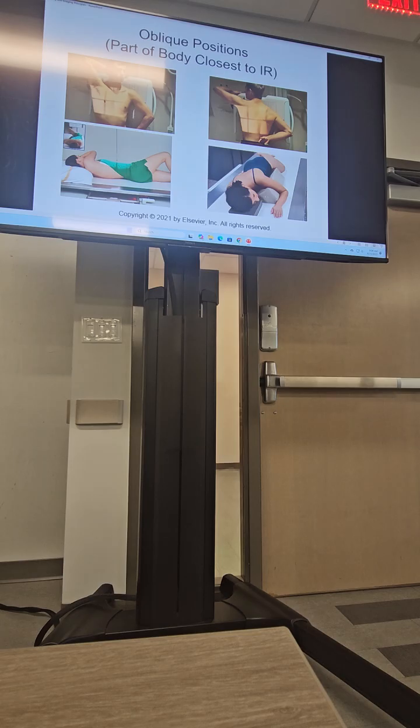Left. And which side does the image receptor see? Posterior. So it would be left posterior oblique. How about here? Right, but which side does the image receptor see? Anterior. So it's right anterior oblique.